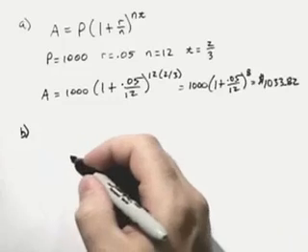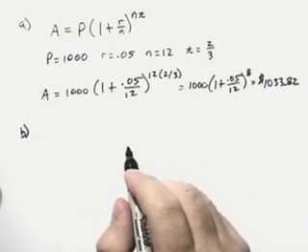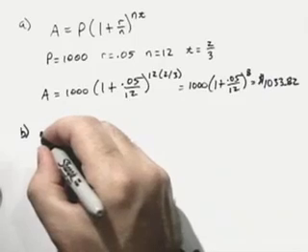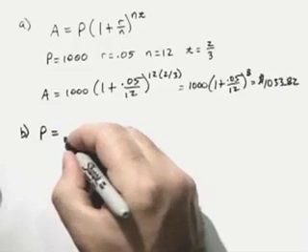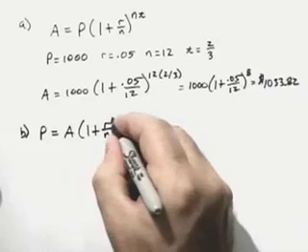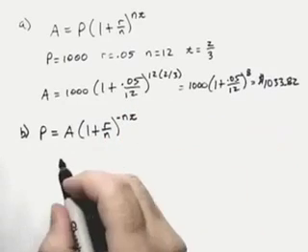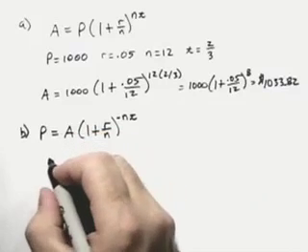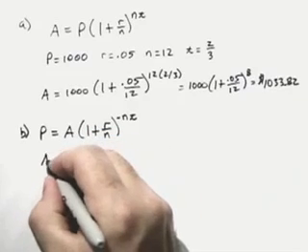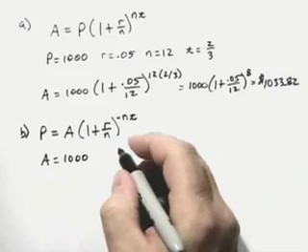In Part B, we again have compound interest, but we're interested in the required present value. So we'll use the present value formula. P is equal to A times 1 plus R over N raised to the negative NT power. We want to have $1,000, so A, our future amount, is 1,000.